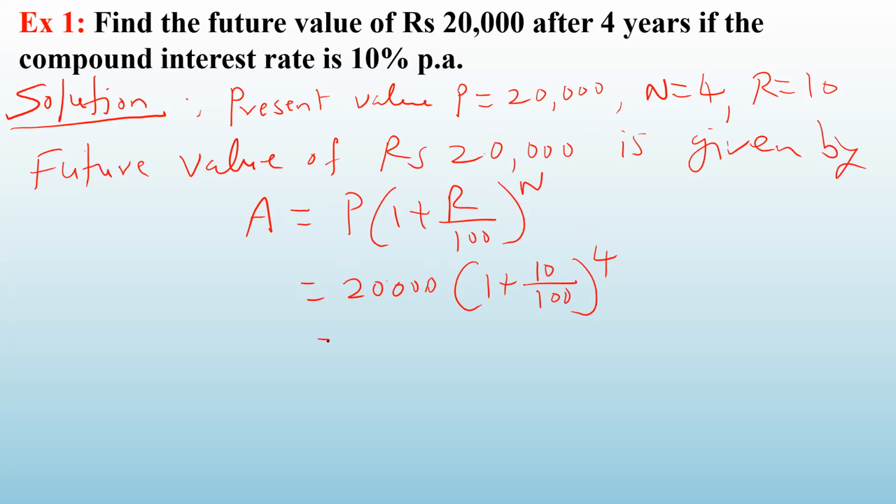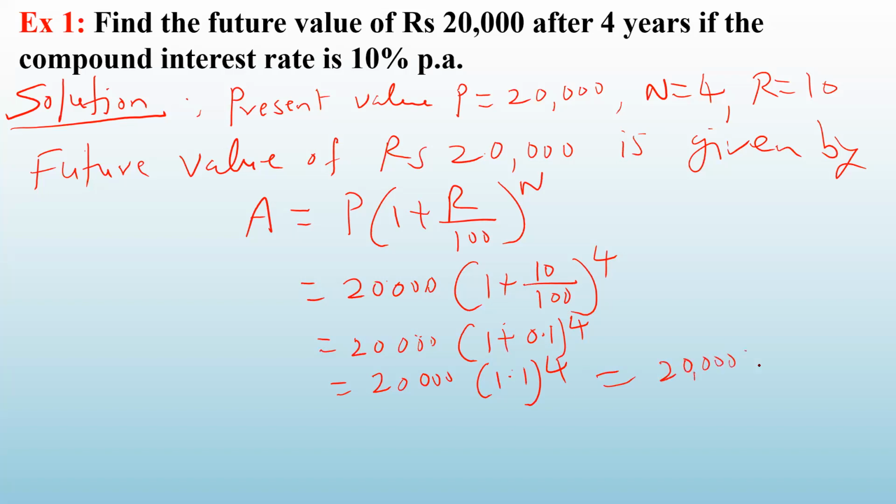So you get 20,000 into (1 plus 10 upon 100, which is 0.1) raised to power 4. So it is 20,000 into 1.1 raised to power 4. If you calculate this, 1.1 raised to power 4 is 1.4641.